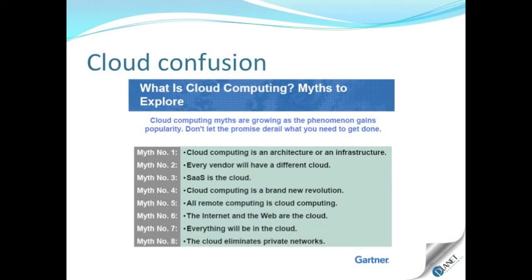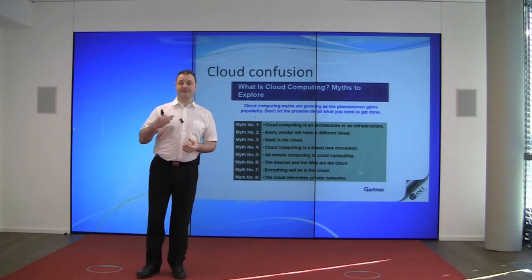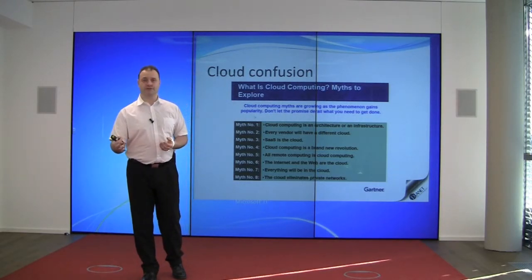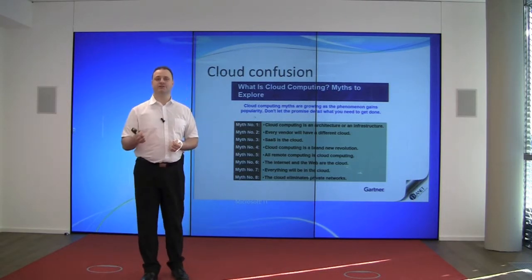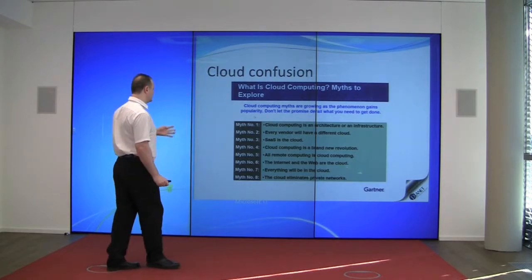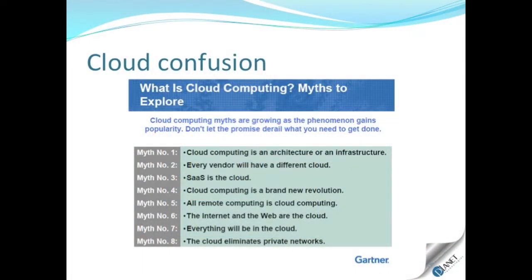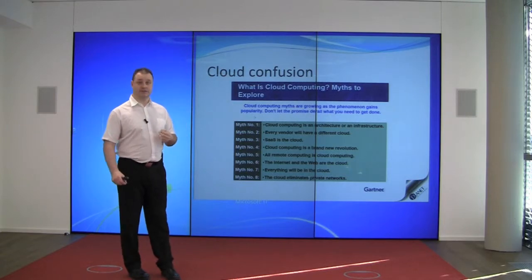They can't have a different cloud because cloud is a definition of service types. They may have a different flavor of infrastructure, there may be different badges on the boxes, but cloud is a definition of service. It's not a definition of vendor. Myth number 3, SaaS is the cloud. Again, SaaS is not the cloud, SaaS is a service model that's part of cloud.